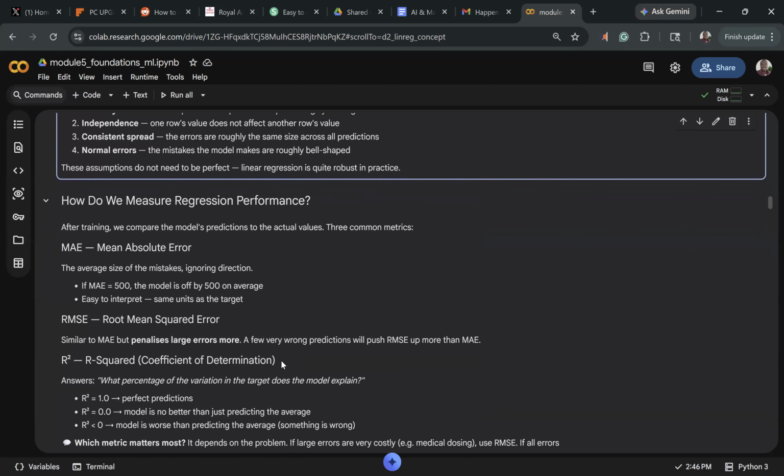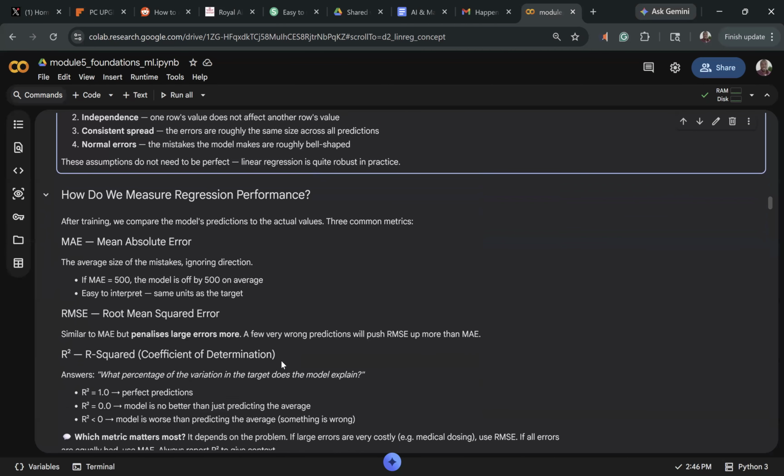There are others, like root mean squared error, that do not maintain the same unit because we are going to square it. Similar to mean absolute error, root mean squared error penalizes large errors more.